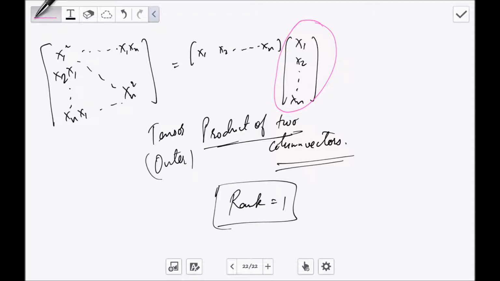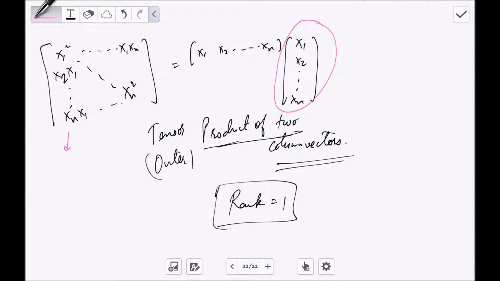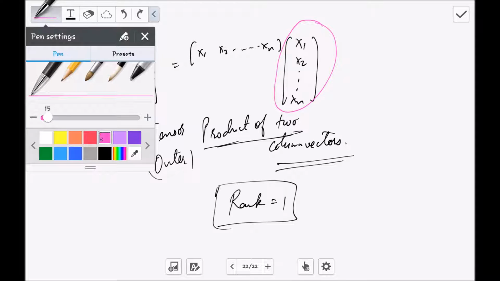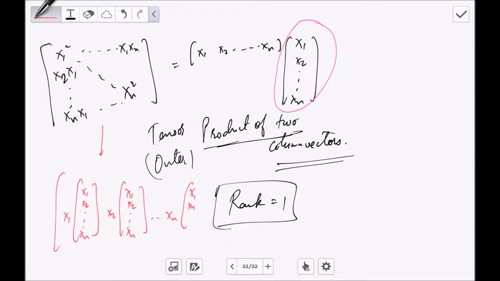Do you see that? The first one is scaled by x1. The second one is scaled by x2. So x1 times x1 x2 to xn, second one is x2 times x1 x2 xn, and so on up to xn times x1 x2 xn.